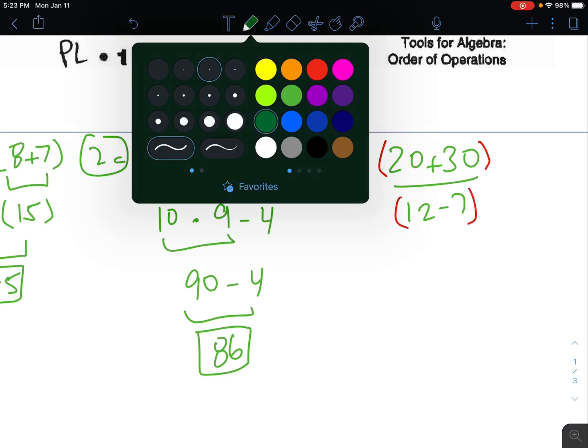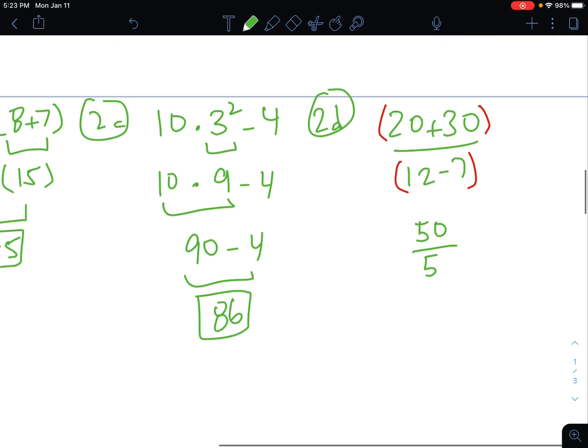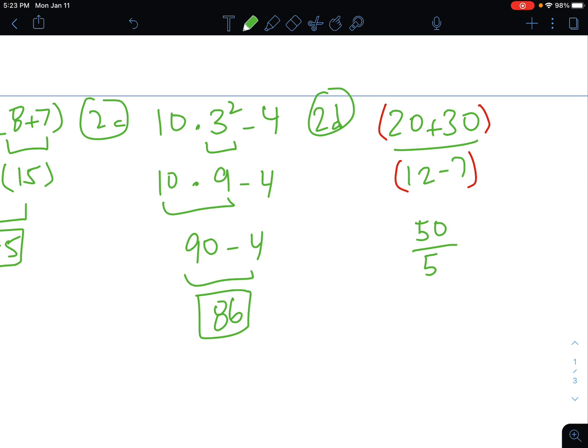So on the top, we have 20 plus 30, that just equals 50. On the bottom of the fraction, 12 minus 7 is just 5. And 50 over 5 is 50 divided by 5. That just equals 10. So that's our answer.